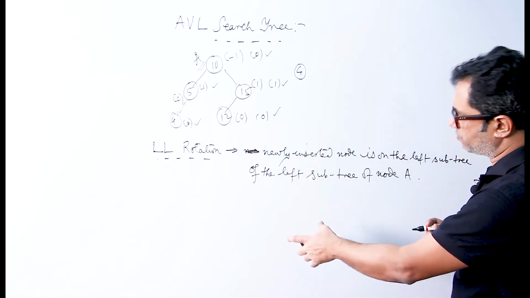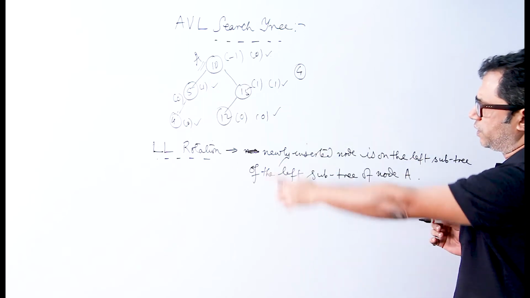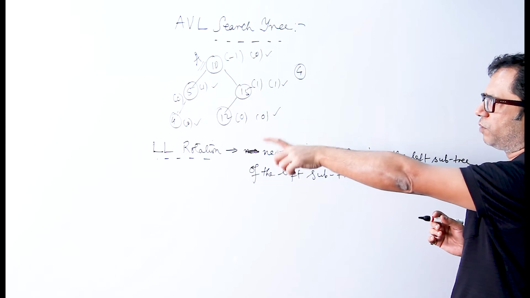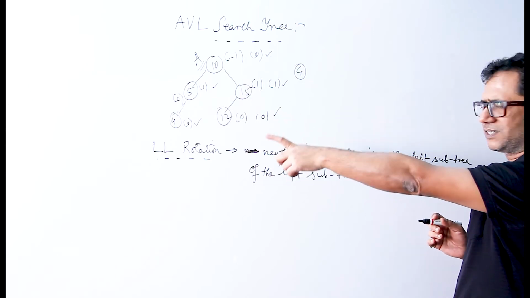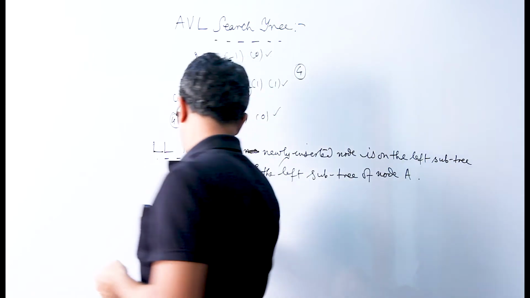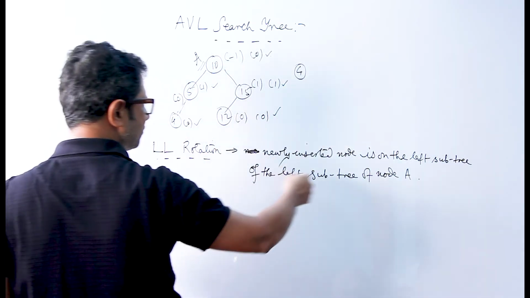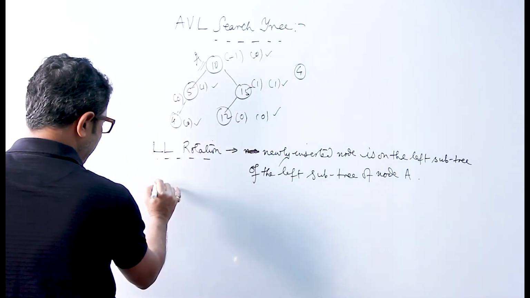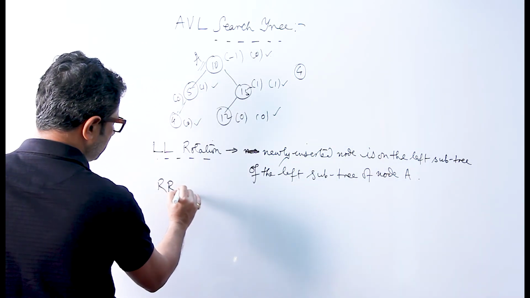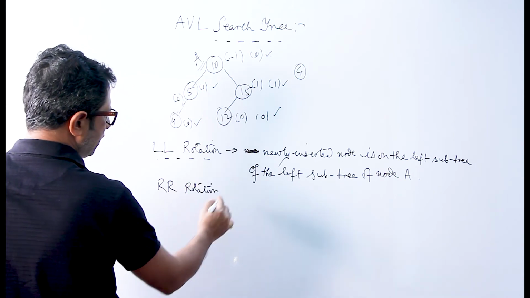But in this video, I am just giving you an overview of the rotations which are necessary to perform in case the AVL search tree has ceased to become an AVL search tree. So this is called the LL rotation, where the newly inserted node is on the left subtree of node A. In case of RR rotation, this is quite similar, just the mirror image of LL rotation.